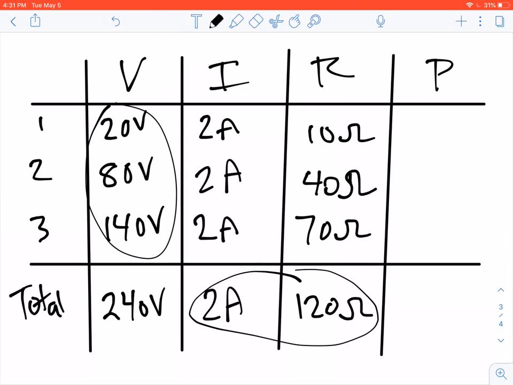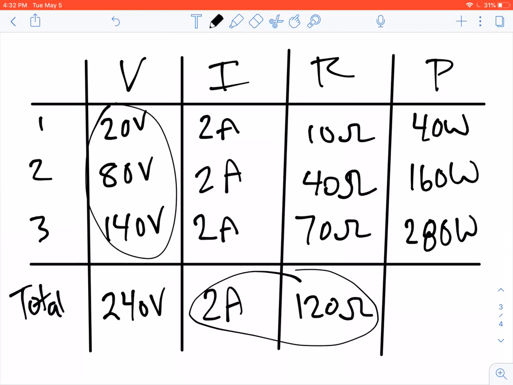All right, if I was to do the power, I've got 2 amps times 20 volts is 40 watts. And then I've got 80 volts and 2 amps, that's 160 watts. And I've got 280 here. And I add those together, I get 480 watts total.